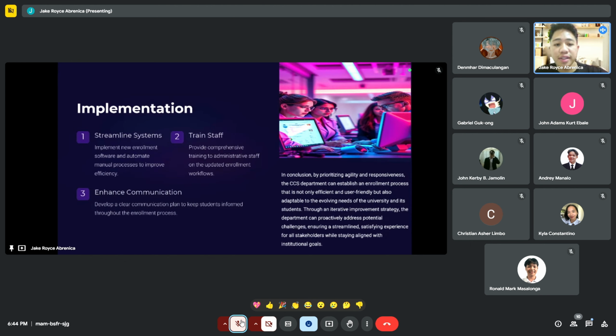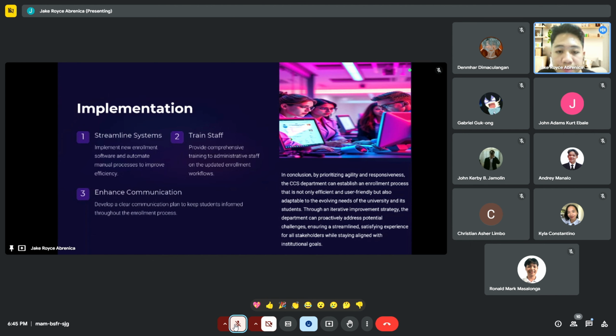Hi once again. I am Royce Abrenica, and in our implementation, we will develop a detailed plan that includes specific recommendations and timelines for adopting new enrollment software, automating manual processes, and providing comprehensive training for administrative staff on updated workflows. And in our implementation, we have three.